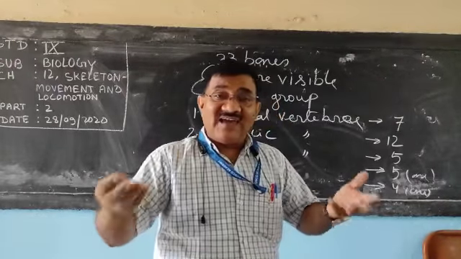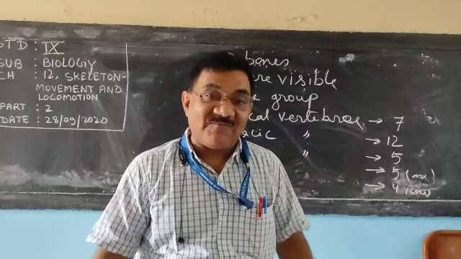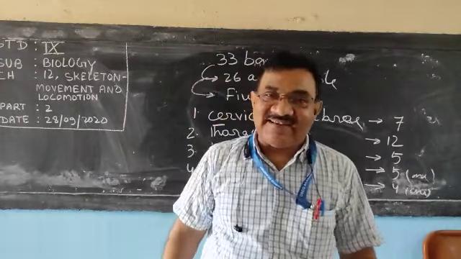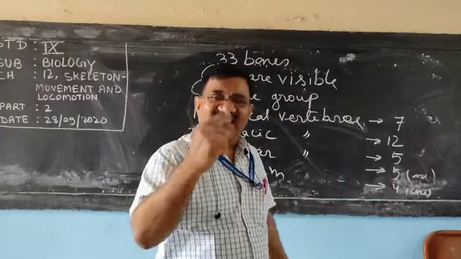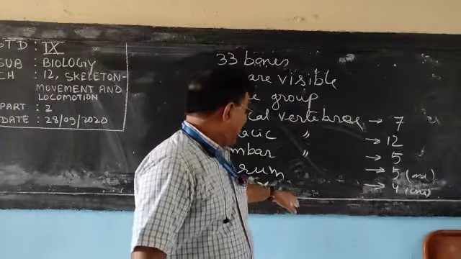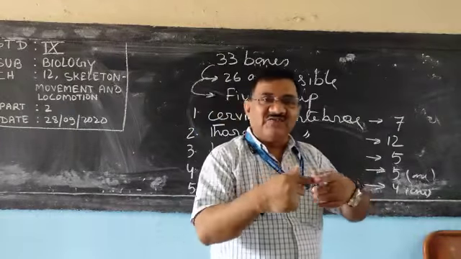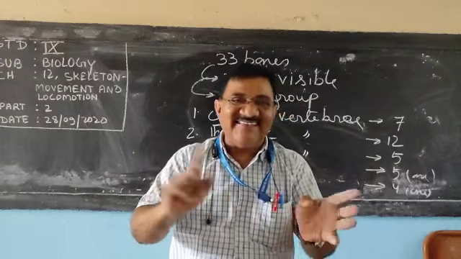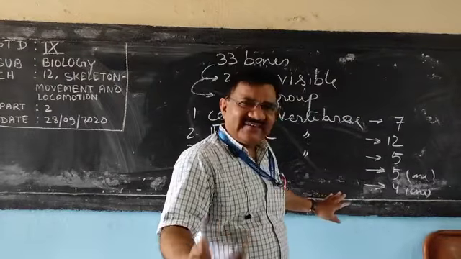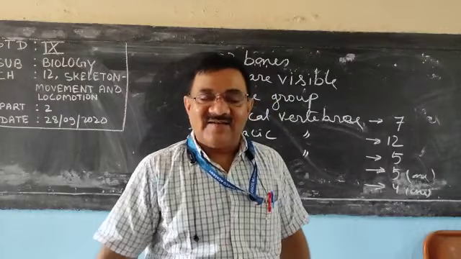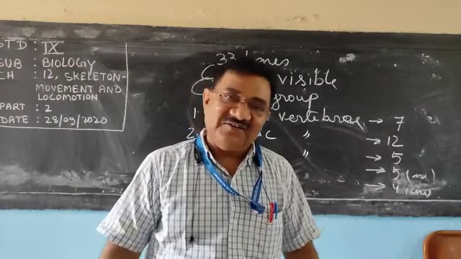We are mammals, and one characteristic of mammals is that they have a tail. But in our mother's womb only that tail is present. The last 4 bones fuse together, so the tail is not seen. But sometimes a child may be born with a tail, which is removed by the doctor.